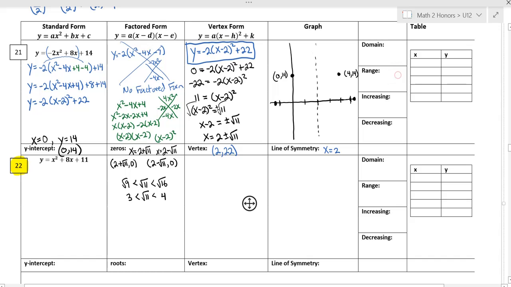And my vertex is at 2, 22. So we see that this parabola is going to open down, which makes sense since a is negative 2, and if a is negative, it's going to open down, and I'm going to label my x-intercepts here. So this is 2 minus root 11, 0, and this is 2 plus root 11, 0.